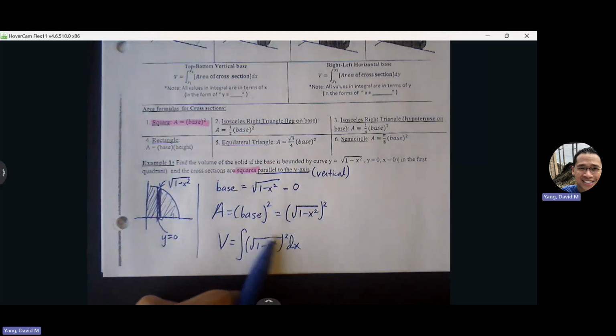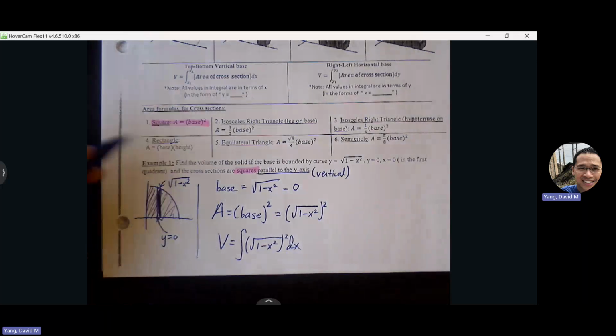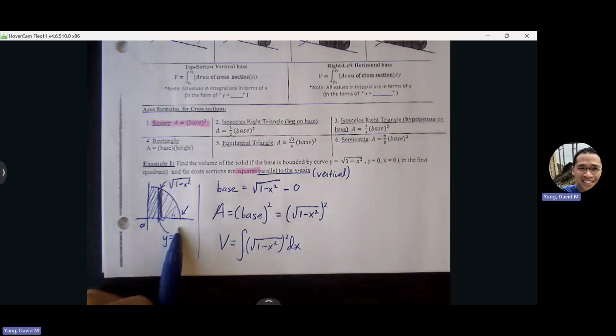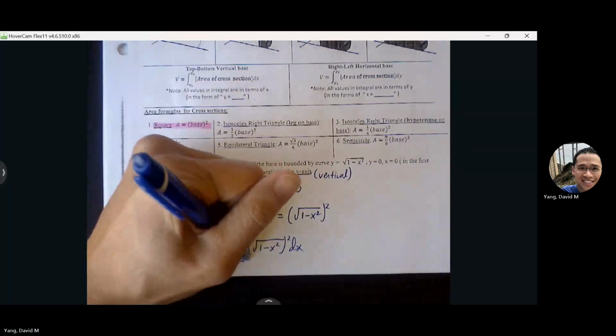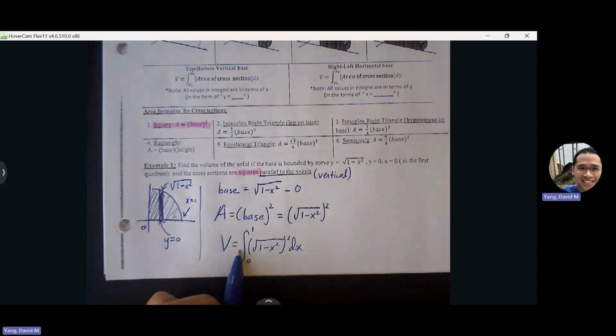And because everything's in terms of x, our bounds are also in terms of x. The furthest left is 0, and the furthest right, if we were to look for the x-intercept, ends up being x equals 1. Okay, there is no pi involved because there is no rotation, there is no circle-related object here.